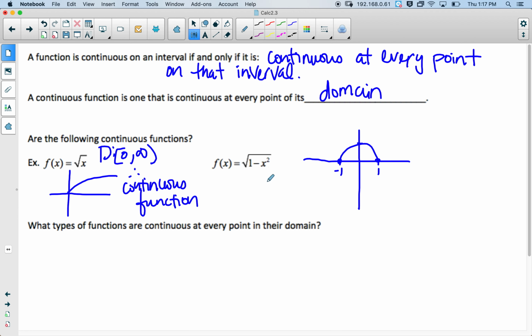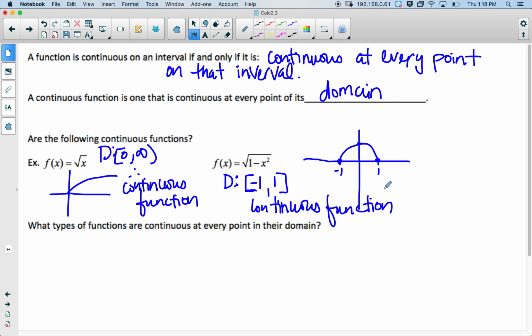So square root of 0 is defined. So the domain for this function, actually I usually do a colon there. Okay, so our domain is -1 to 1. And is our function continuous on that interval? Yes, it is. So this is a continuous function because it's continuous on its domain.